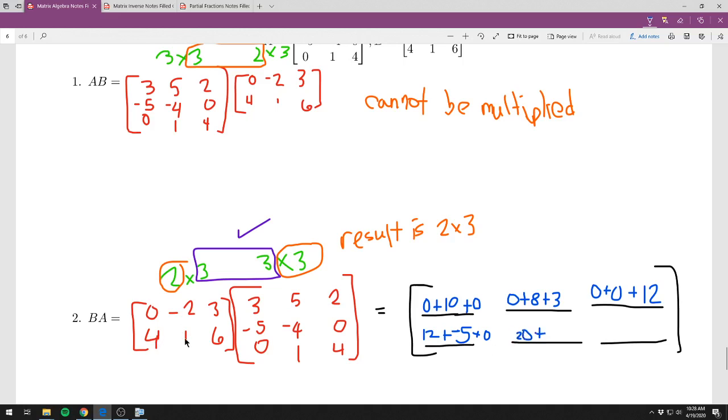Plus 1 times -4 is -4. Plus 6 times 1, which is 6. And then our last entry here, row 2, column 3. Go across row 2 and down column 3. 4 times 2 is 8. Plus 1 times 0 is 0. Plus, and then finally, 6 times 4, which is 24.